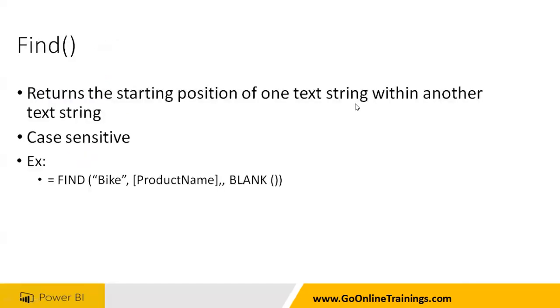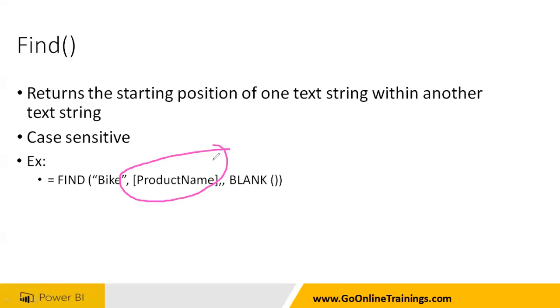Right. So then we have the find function. It returns the starting position of one text string within another string. Okay, so find. There is a product name column available.